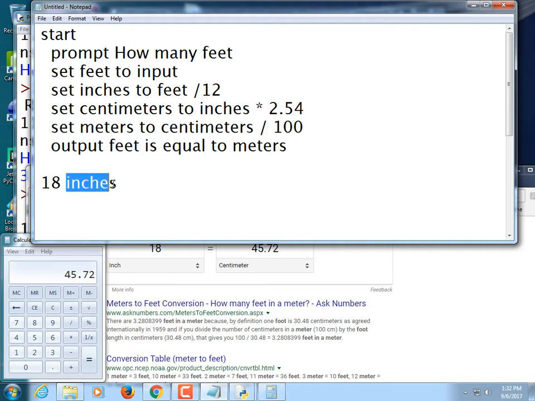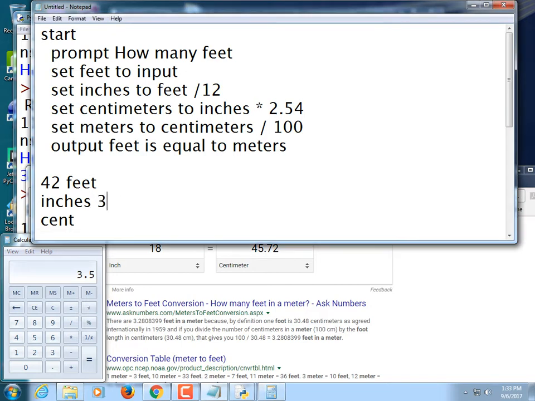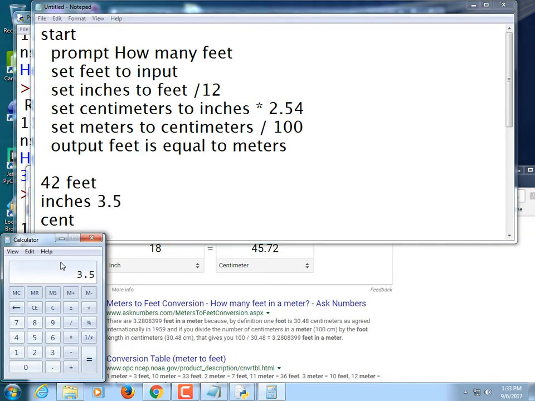So if I enter 42 feet, I want to know how many centimeters, and how many inches. So if I enter 42, to get inches, divide by 12. So 42 divided by 12, I should get 3.5. Y'all agree? According to our math here.